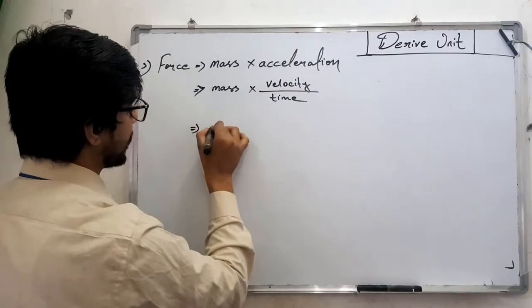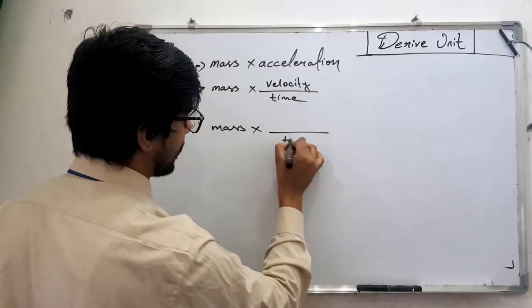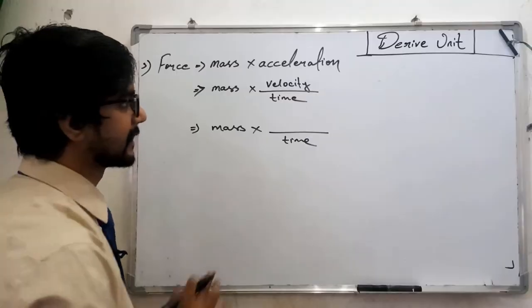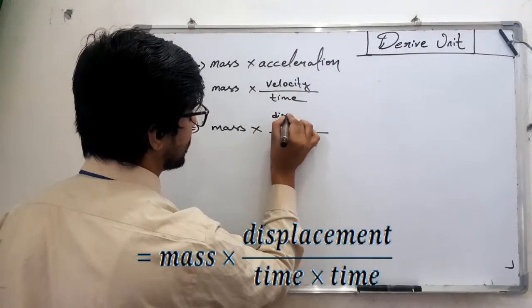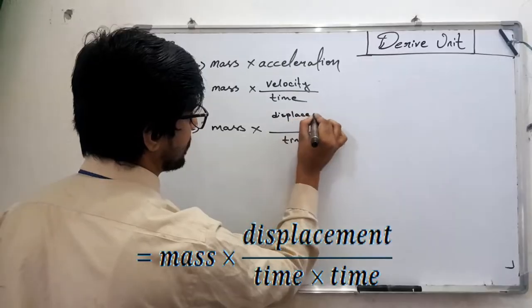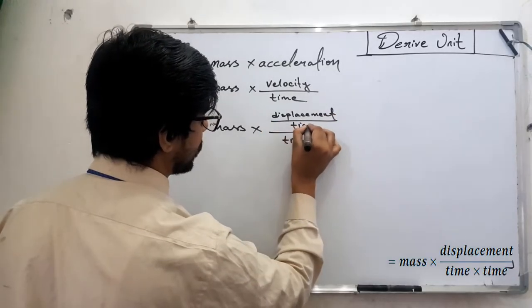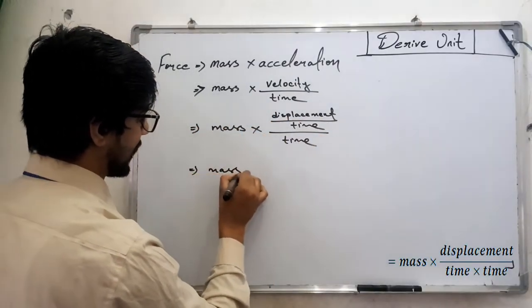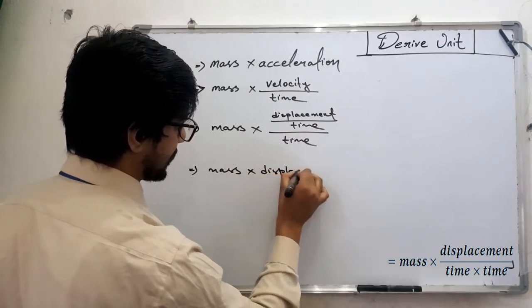I am writing mass and time as they are in the previous equation, and I will change the velocity by its formula, that is displacement by time. When you arrange this again, you will get the equation like this: mass into displacement by time into time.